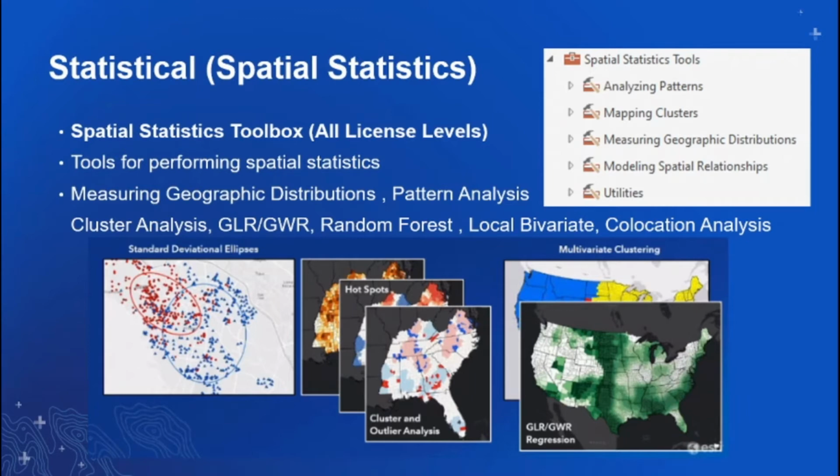Or even something like multivariate clustering. So you're able to find out, based on what you're trying to analyze, which areas are similar to others within a particular region. And that's what spatial statistics try to solve, or try to bring out visually.